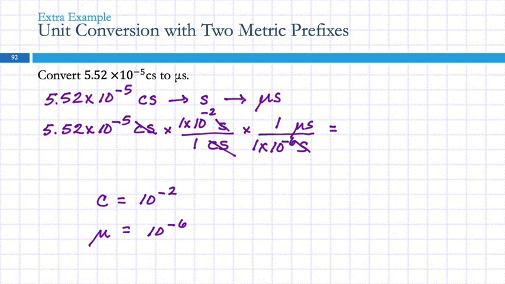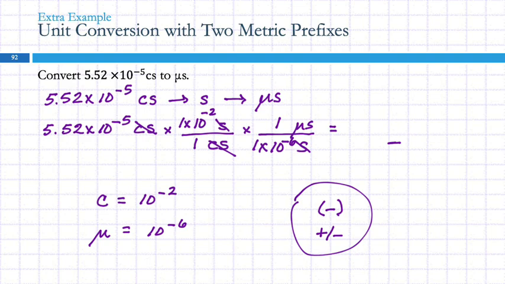On my calculator, I have a button down at the bottom that looks like this. There's another button over on the side that looks like this. This is the minus sign, and this is the sign you use for a negative number. Some calculators have one like that, change sign. So these are the guys you want to use to get those negative exponents. So 5.52, the EE button, negative 5.